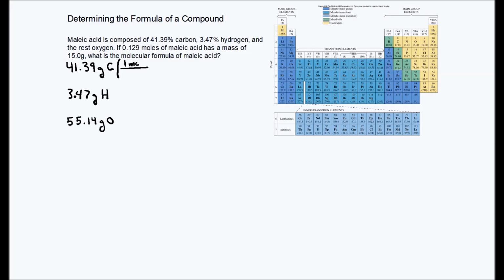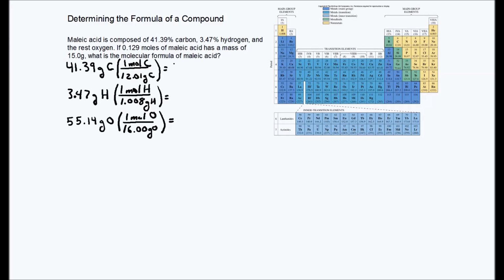1 mole carbon, 12.01 grams. 1 mole hydrogen, 1.008 grams. 1 mole oxygen, 16.00 grams. And so now I know moles.